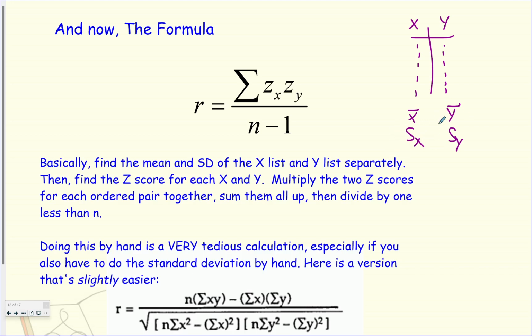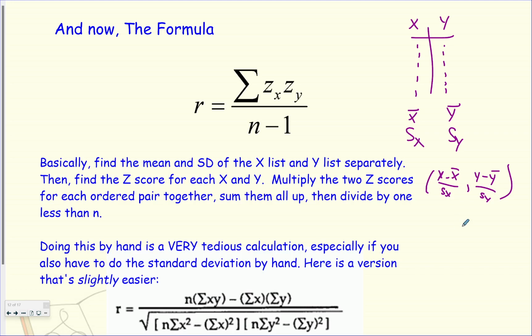And as you know, just doing this by hand is tough anyway. Then what you have to do is for each data point, find a z-score. You have to basically convert each and every data point into data minus mean over standard deviation, and you do that for both the X and the Y, for every single data point.